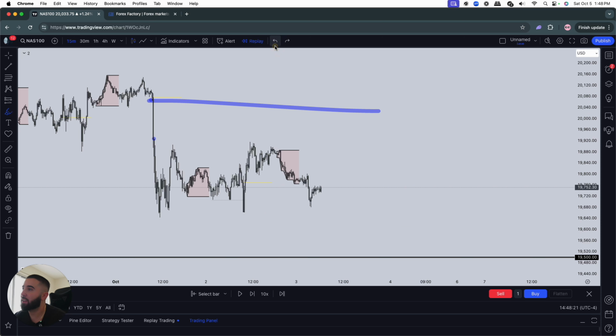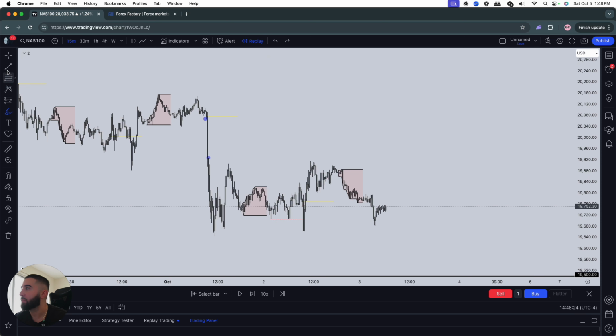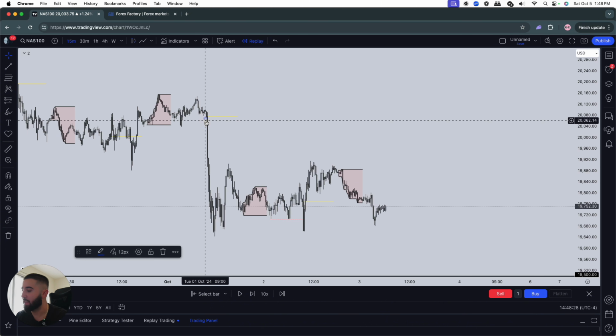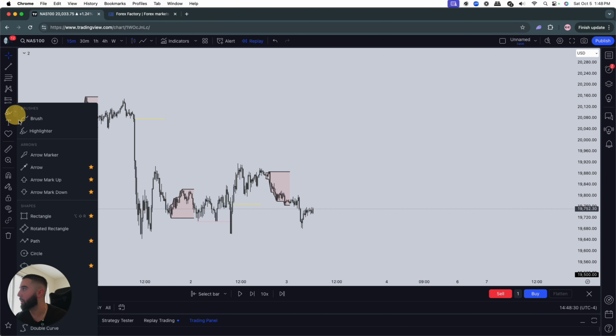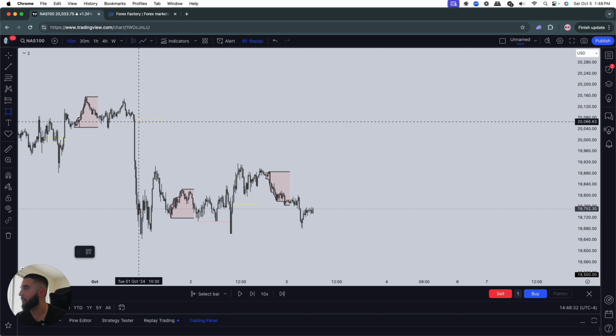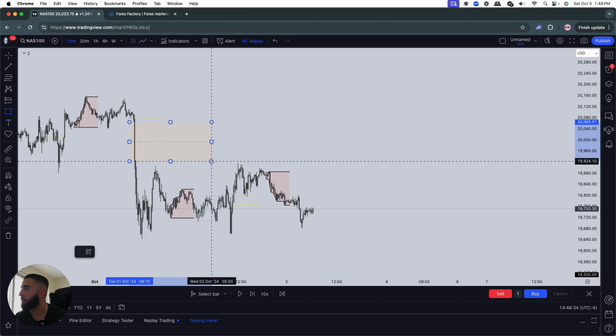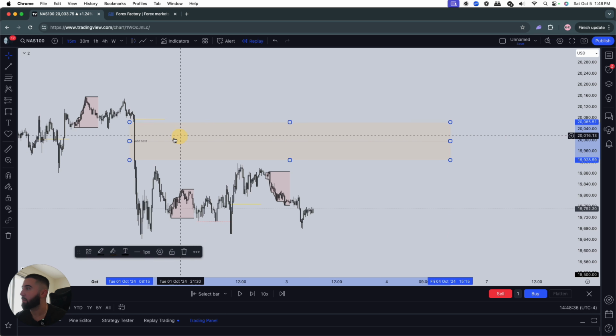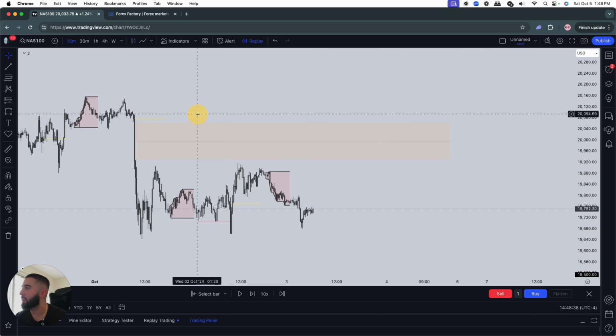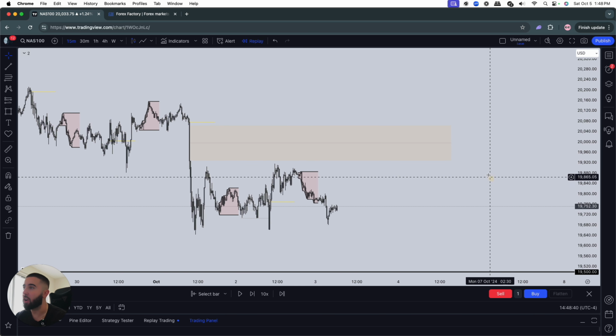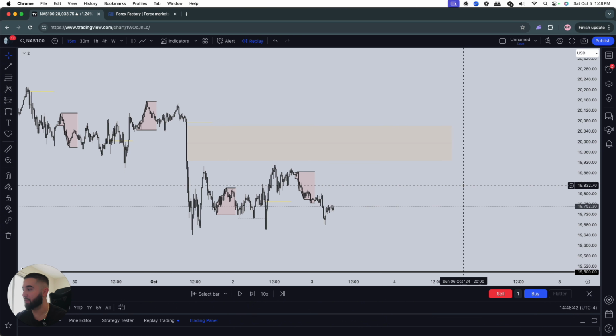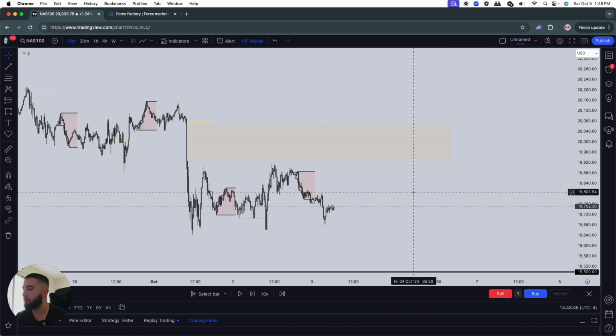So let's fast forward a little bit in price and see how we can react once we get into that imbalance area. So we're going to go ahead and mark this up with a rectangle here. And for those wondering, this is a concept that works on any time frame. You can use this on a 1 minute, a 15 minute, an hour. It doesn't really matter.